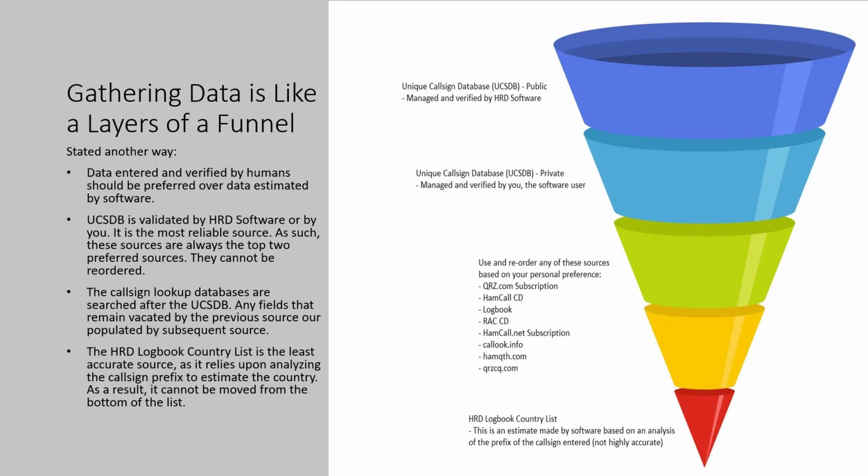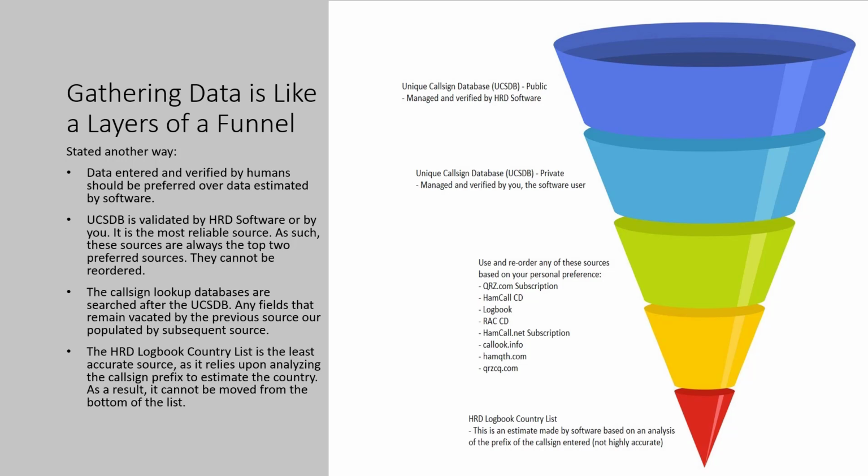But then all the remaining items that you can opt in or add in are sequentially searched to populate the fields, and when it falls to the next enabled method, it'll pick up any fields that weren't populated by the previous one. So by the time it runs through all of those sources, all the fields that could be populated by any source should be populated at that point.